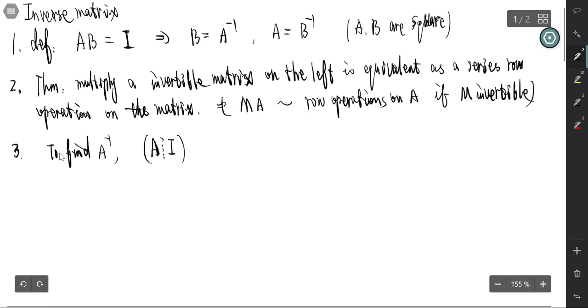And we do the row operations on this matrix. If A is changed to the identity matrix, then the second part is A inverse.